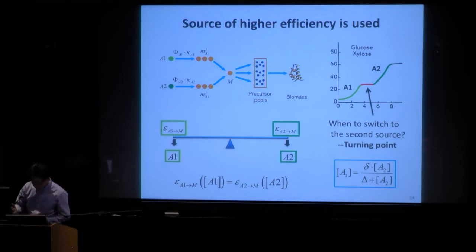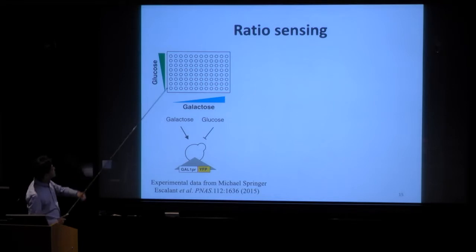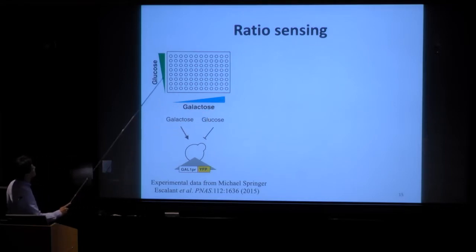Okay, but before, Mike Springer at Harvard, they already did experiments, not for this purpose, but for some other purposes. So they grew yeast on a 96-well plate, and on each well, there's a galactose concentration gradually increasing on the x-axis, and the glucose concentration increasing on the y-axis.